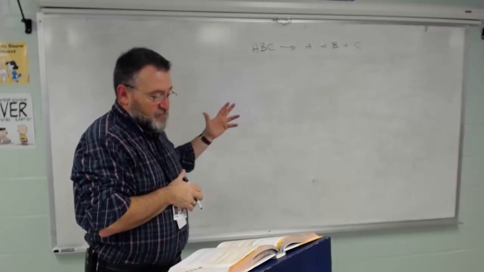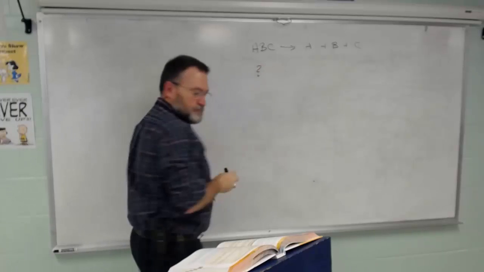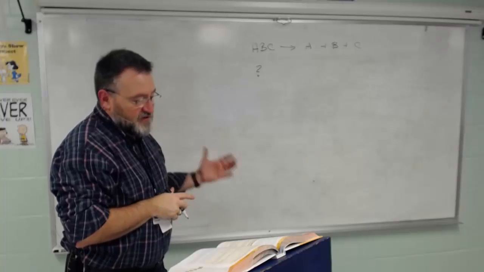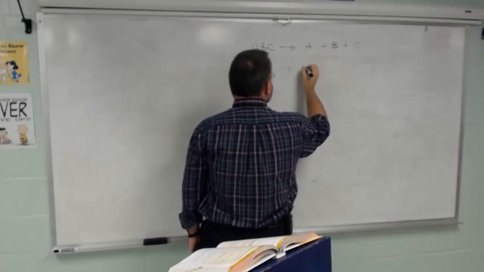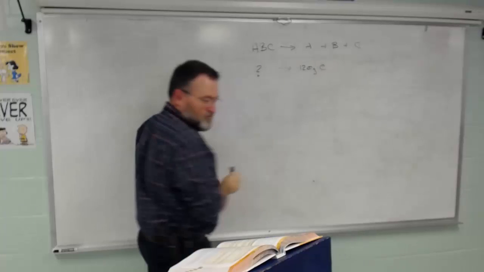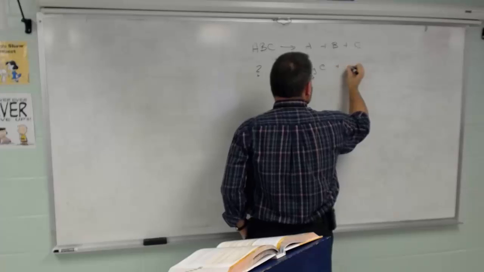Okay, a chemist decomposes an unknown. The products of this decomposition are 12.0 grams of carbon and 4.04 grams of hydrogen.